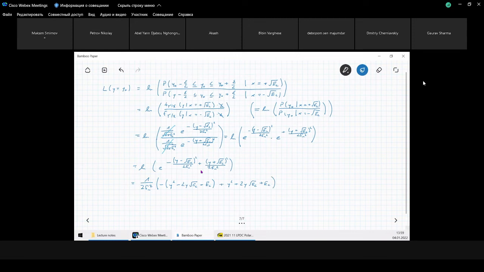Just need to be a bit careful with the signs. We better write it once more: 1 over 2 sigma n square. We get a minus y square plus 2y square root EC minus EC plus y square plus 2y square root EC plus EC.